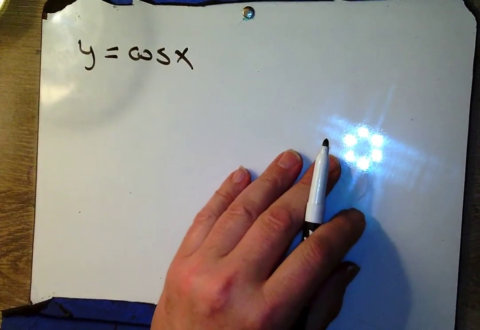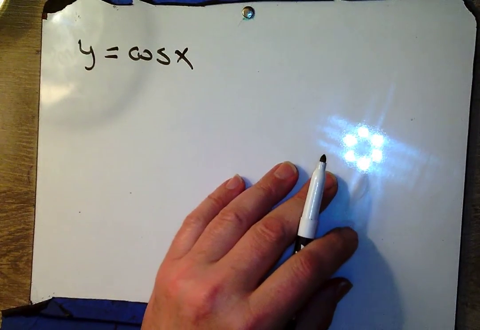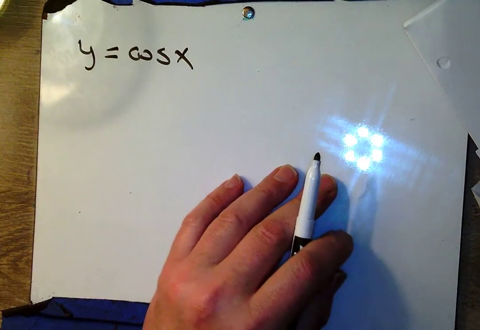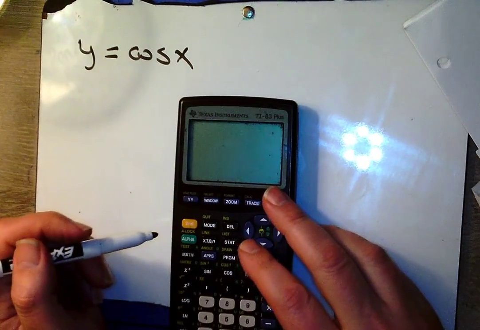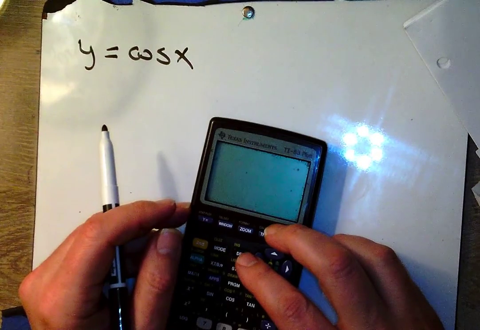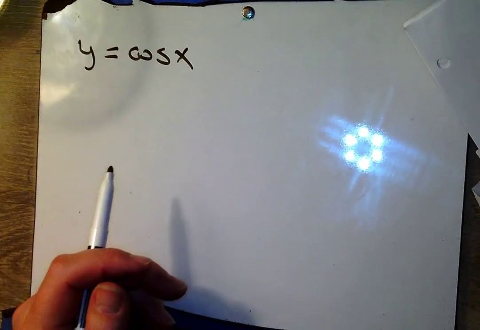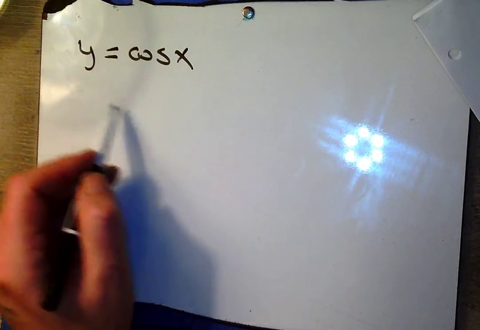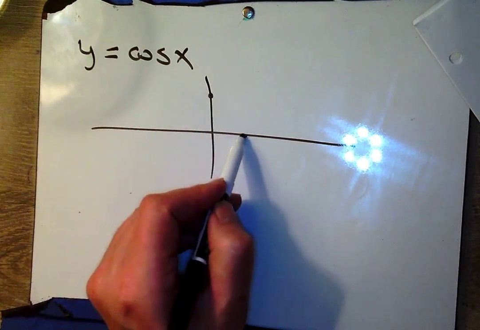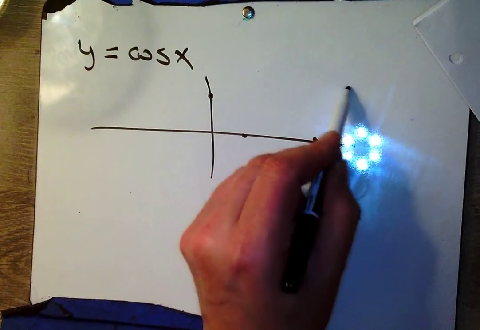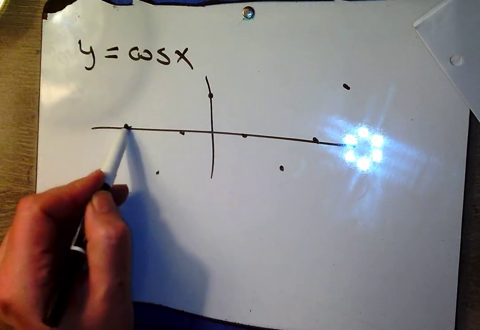Does this pass the horizontal line test? No, it doesn't, does it? And we know that the reference graph here looks like that and that.